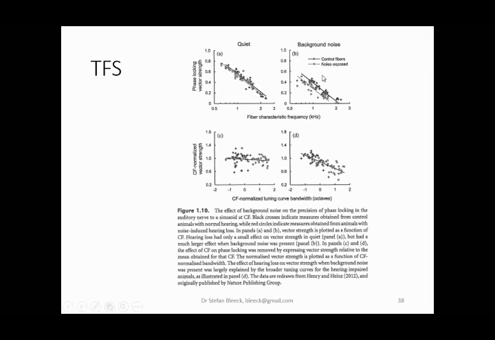That's what we expect, but the noise exposed fibers are specifically reduced. And that is the current research, what we can do about that, because that's what's called hidden hearing loss. Yes, it's hidden because we can't see it in quiet. But in noise, we do see a difference in the response of the vector strength, of the phase locking.